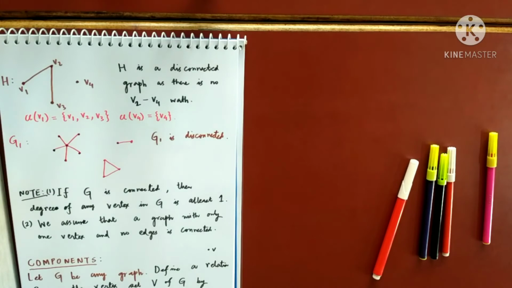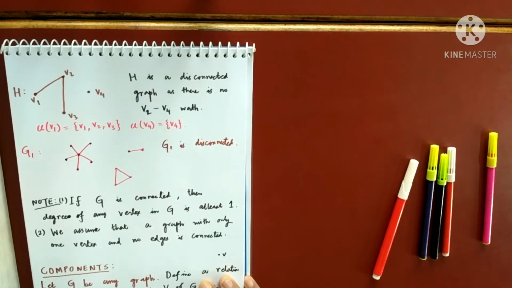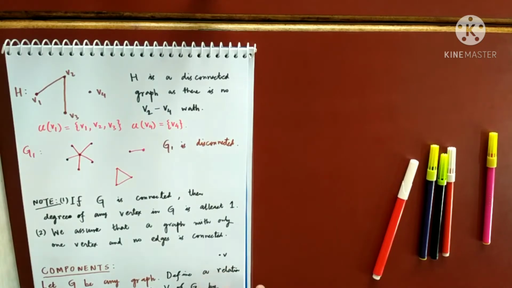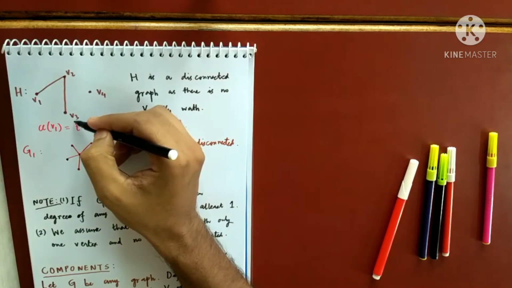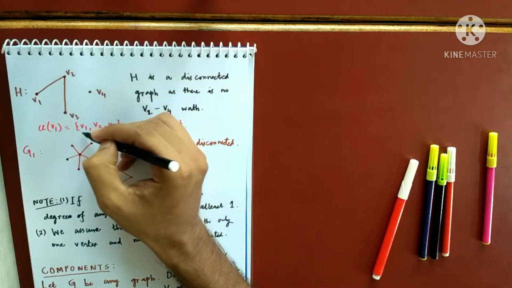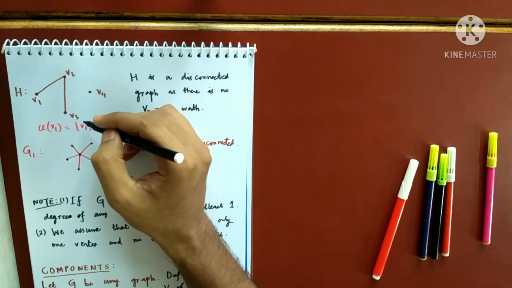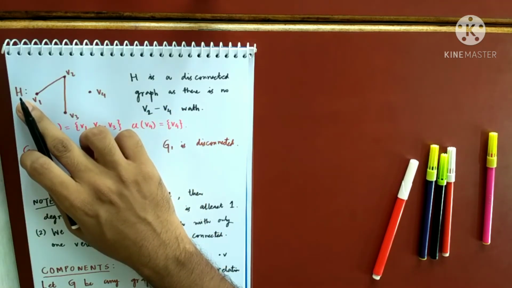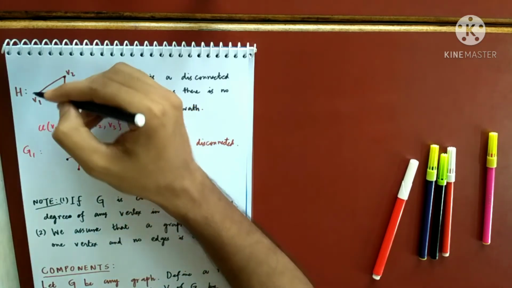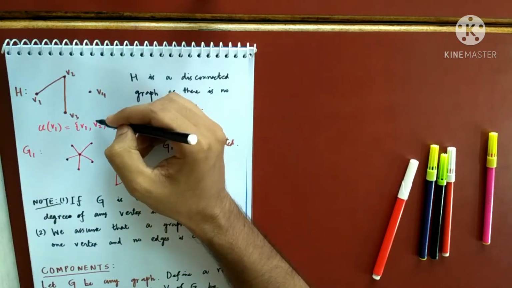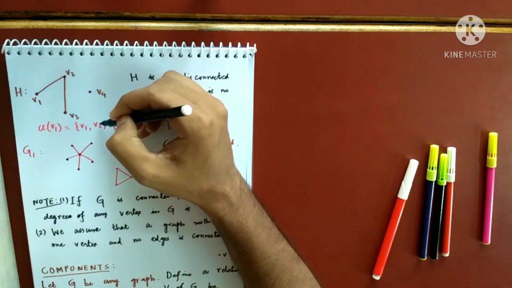Now what will I do with these classes? Try to understand my point. I have defined an equivalence relation, and with its help I am calculating the classes. Now choose any class. I'm choosing this class. Now join the edges between them. That means if the graph H had an edge between V1 and V2, join them, and if it has an edge between V2 and V3, join them.